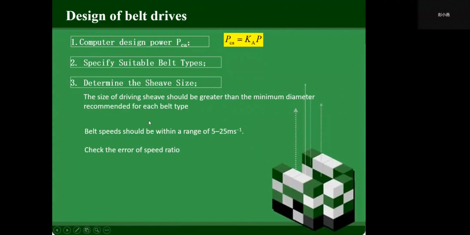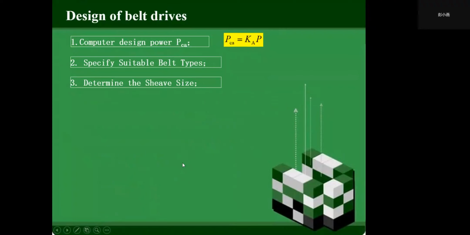Then we should verify that the belt speed is within the range from 5 to 25 meters per second. And then check the error of speed ratio, delta I. Delta I uses this equation, and we should verify that delta I is less than 5%.